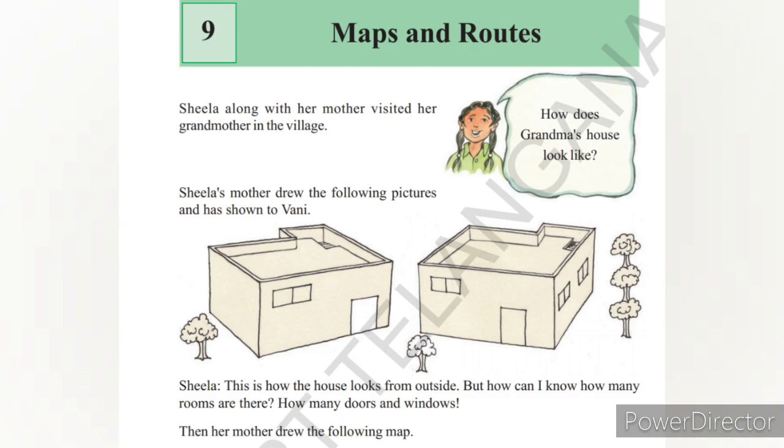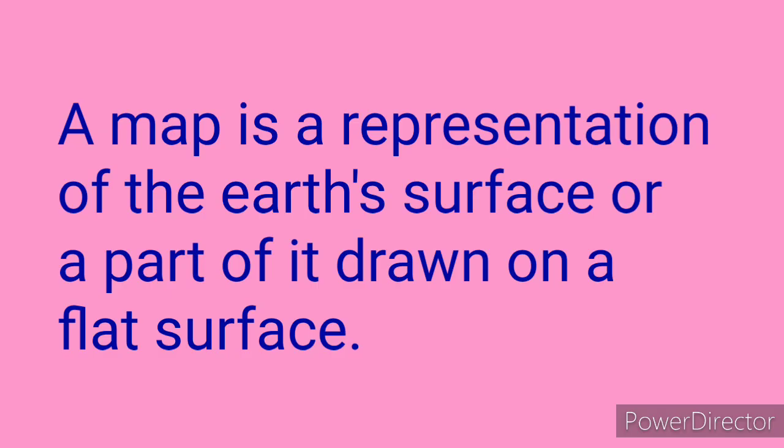Before starting, what is a map? We'll clarify that a map is a representation of the earth's surface or a part of it drawn on a flat surface. It is nothing but a representation of earth's surface. It may be a part of it or completely earth, drawn on a flat surface, that is on a paper.